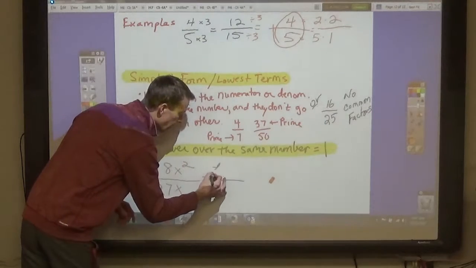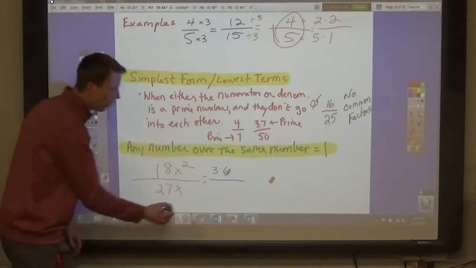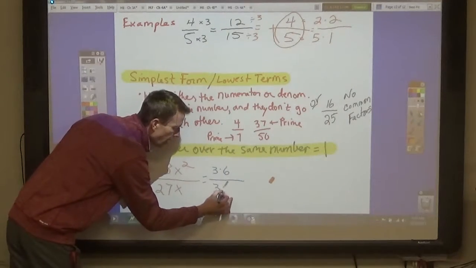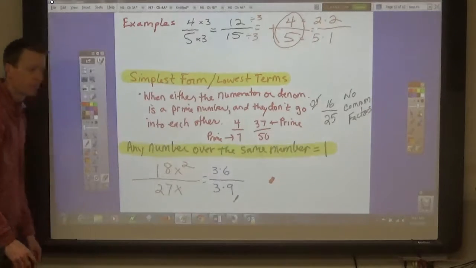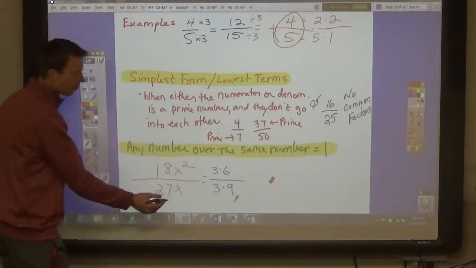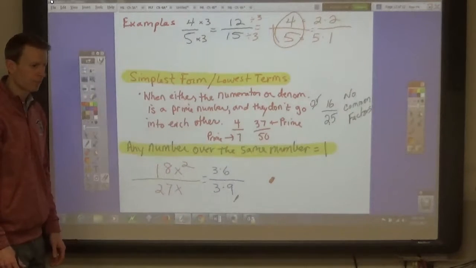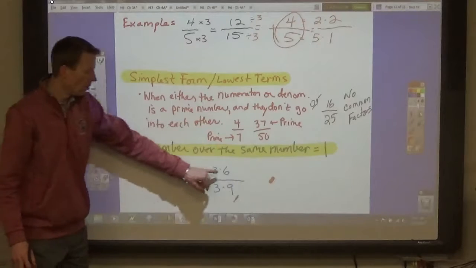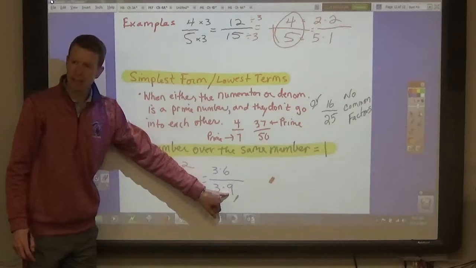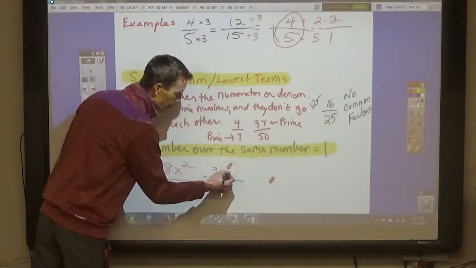So 18 is made with 3 times 6, and 27 is made with 3 times 9, right? So that takes the 3's out. We can divide them both by 3. But we would be left with 6 and 9, right? So those have common factors.